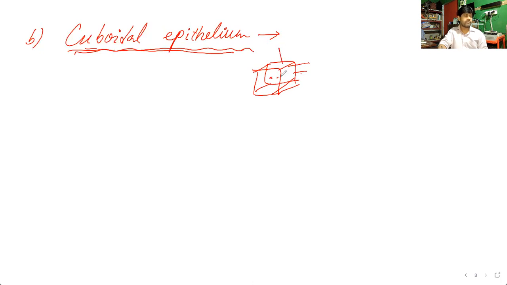So the inner lining of the kidney tubules; within the kidney, it is there. Kidney is made up of this type of tissue. And again, we are getting it in the salivary glands. Salivary glands means inside our mouth, in the buccal cavity, there are salivary glands from where the saliva is secreted. So it is also made up of this type of epithelial tissue.